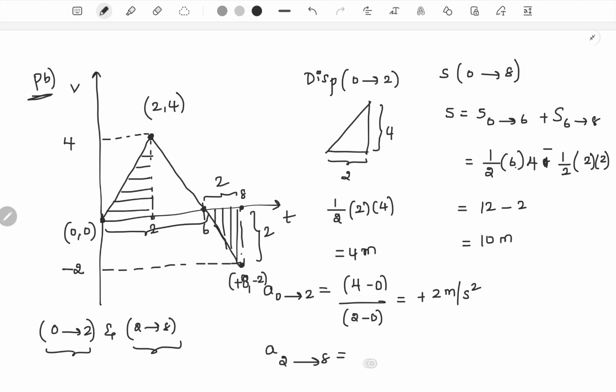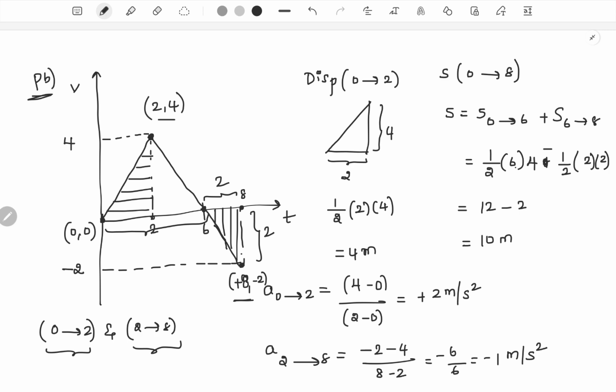Now the acceleration is given by y2 minus y1, like x2 y2 and x1 y1, divided by 8 minus 2, which would be minus 6 by 6, which is equal to minus 1 meter per second square.